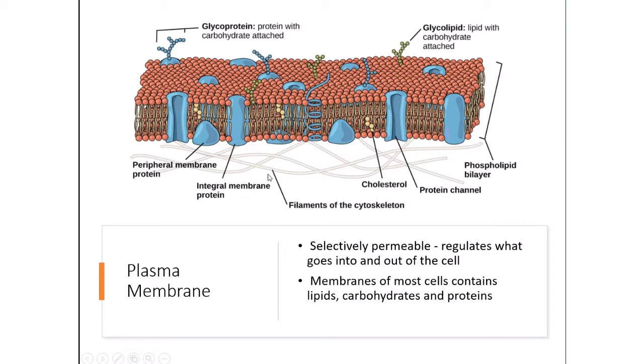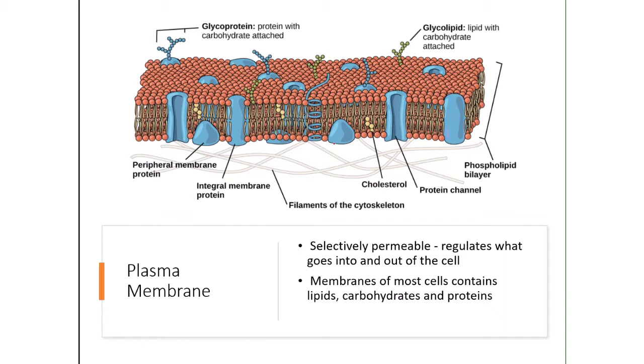We know that the plasma membrane or the cell membrane is selectively permeable. It only allows certain things to cross it, and that control mechanism has to lie with the kind of proteins you have embedded within this membrane.